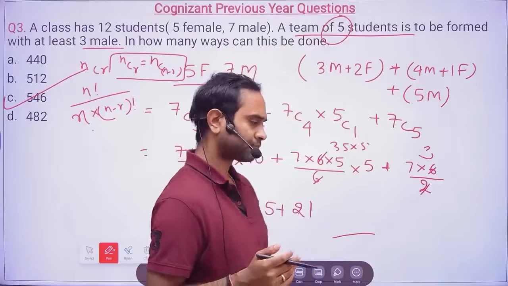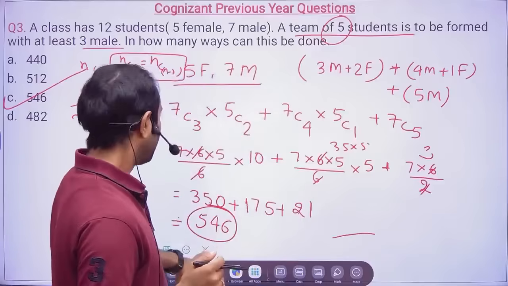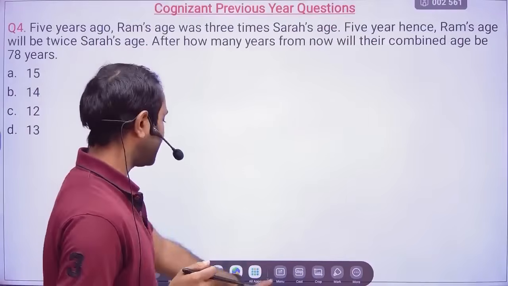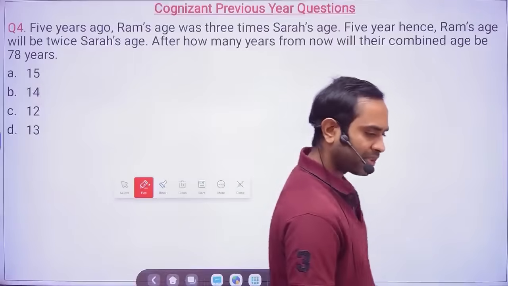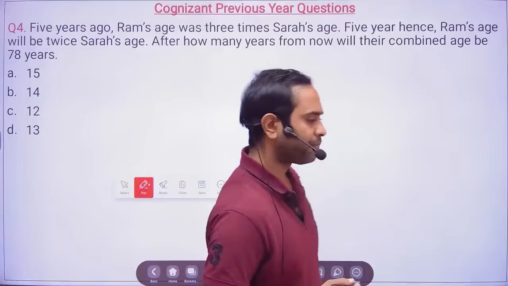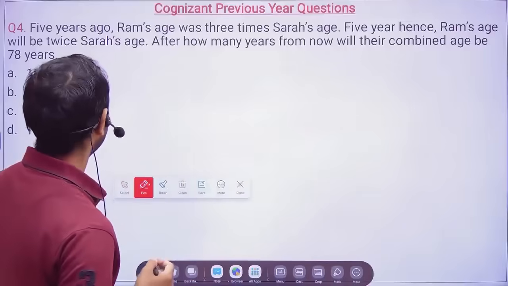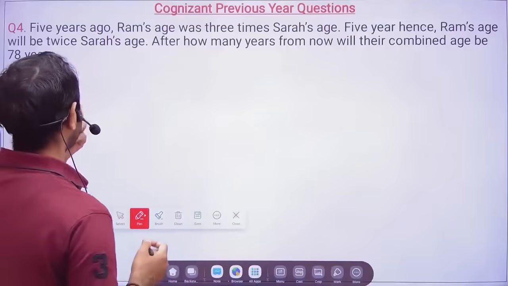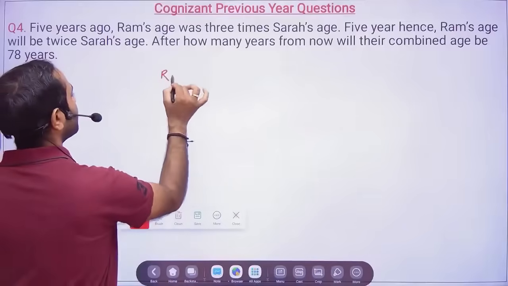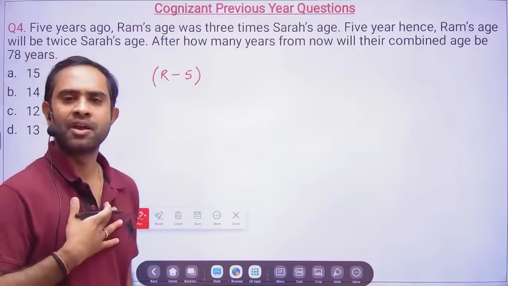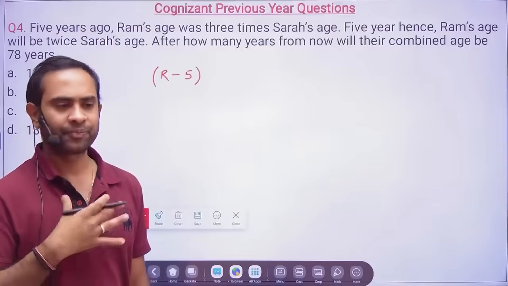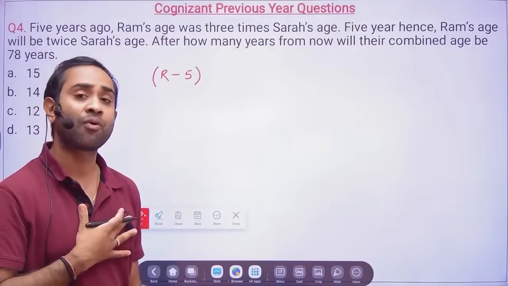Clear? Okay. Now the next question is a problem on ages. So the ages problem is again equally very important. 5 years ago Ram's age was 3 times Sarah's age. Current age of Ram I will assume as R. See, today if my age is 30, then 5 years ago what was my age?